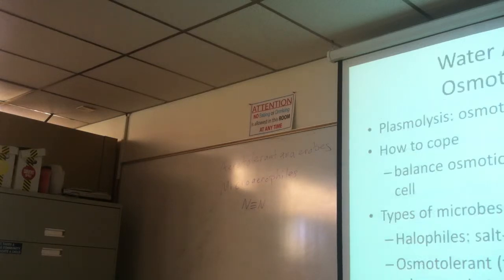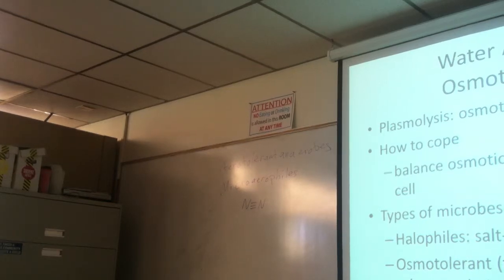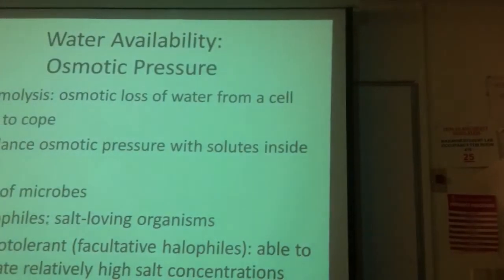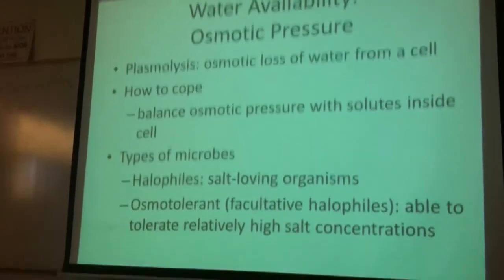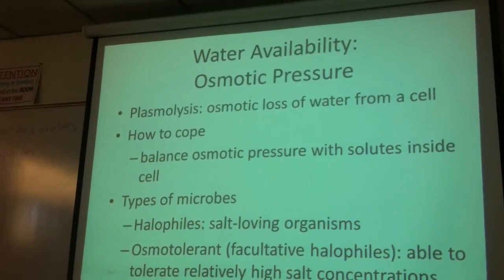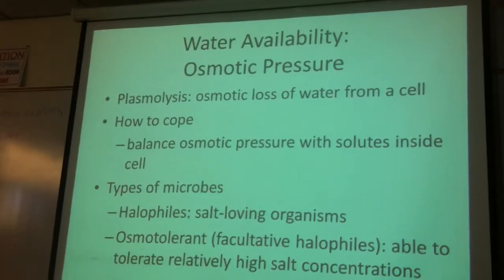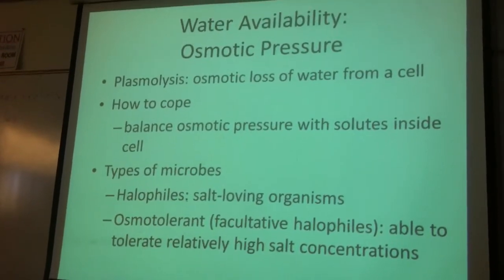And the last thing we were talking about was pressure, osmotic pressure. We talked about hypotonic, hypertonic, depending on the amount of solutes. You also can have osmotic pressure based on depth, like how deep you are in an ocean. Organisms need water to dissolve their enzymes, their nutrients; pretty much life is dissolved in water.